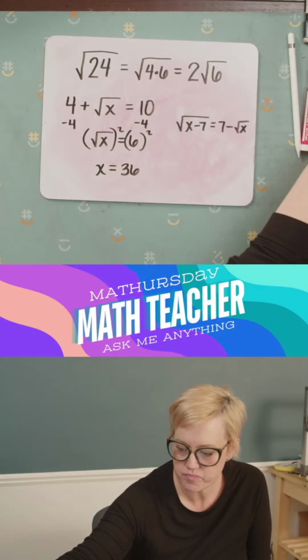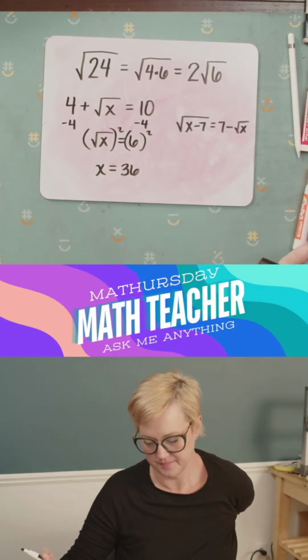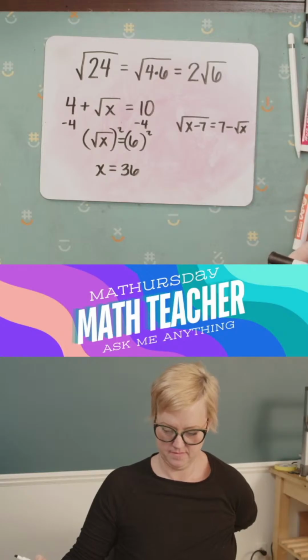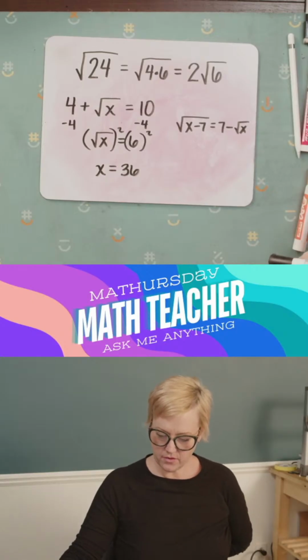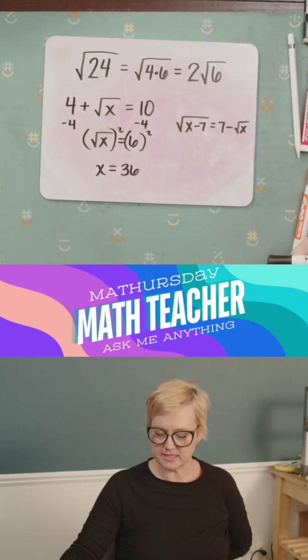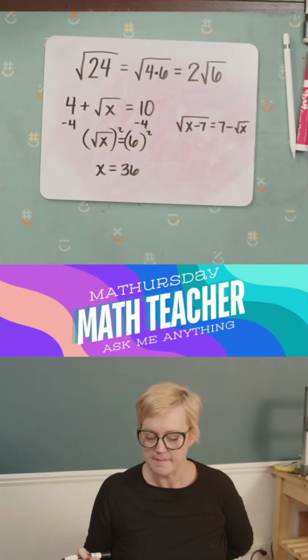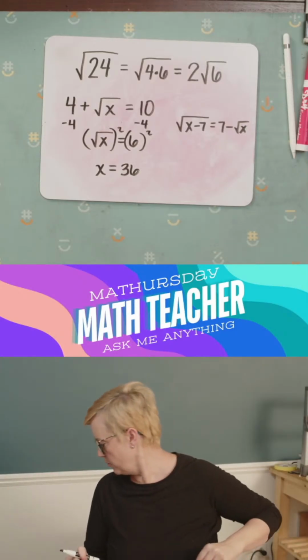Great. Okay, so we've got square root of x minus 7 equals 7 minus the square root of x. Let's work through this.